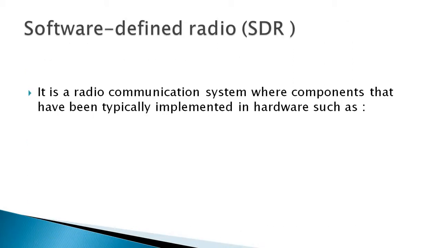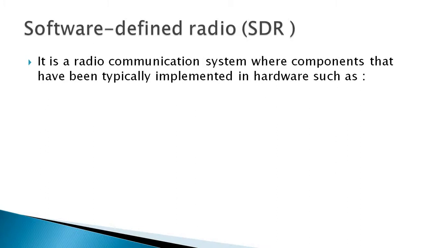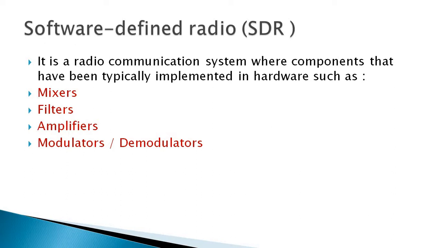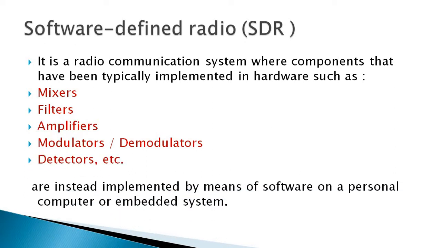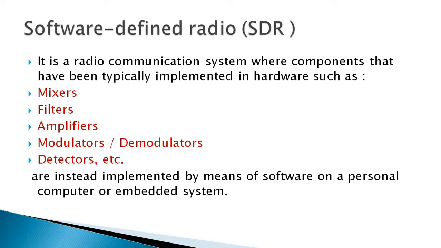Now, software defined radio, let us talk more about it. It is a radio communication system where components that have typically been implemented in hardware, such as mixers, filters, amplifiers, modulators and demodulators, detectors, etc., are instead implemented by means of software on a personal computer or embedded system.